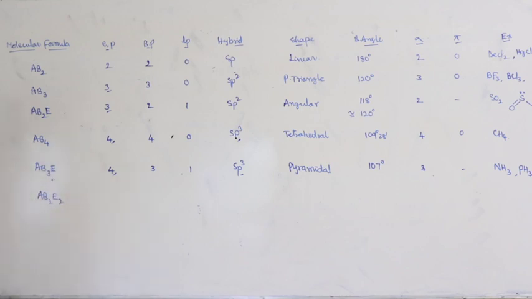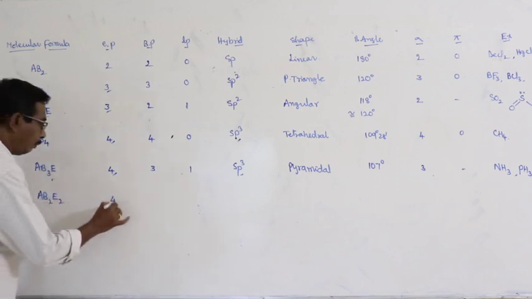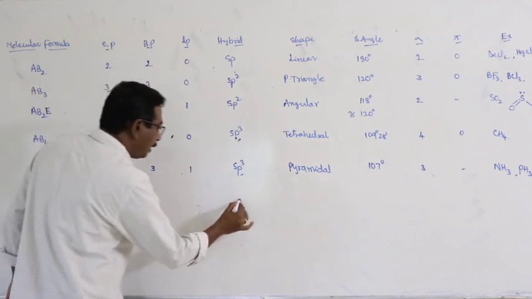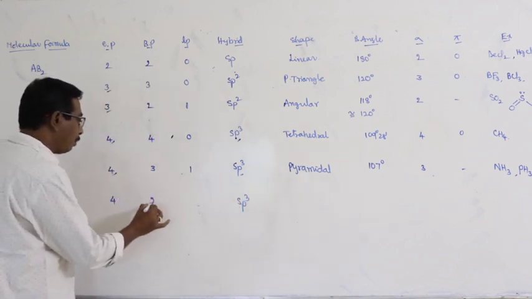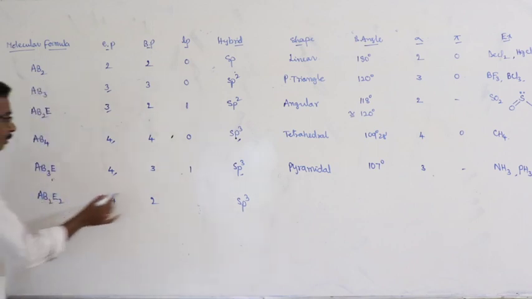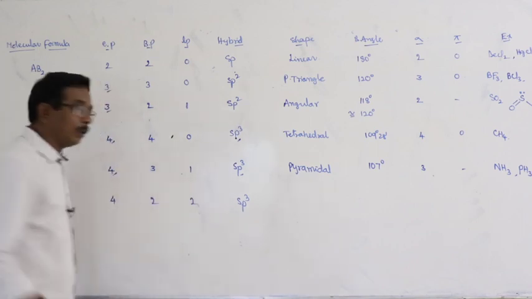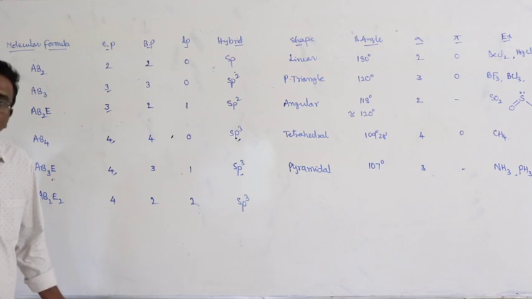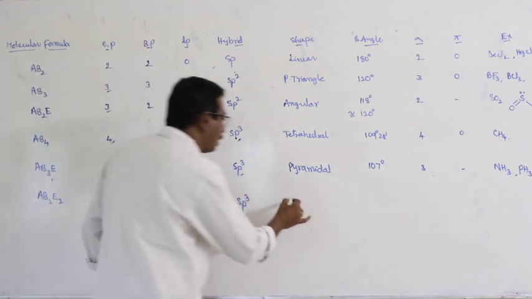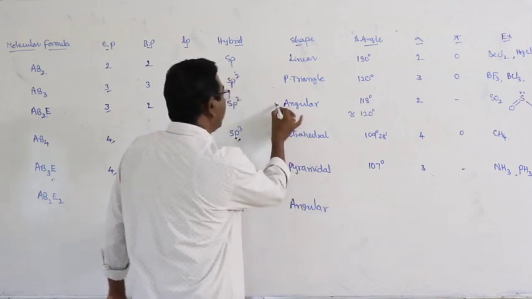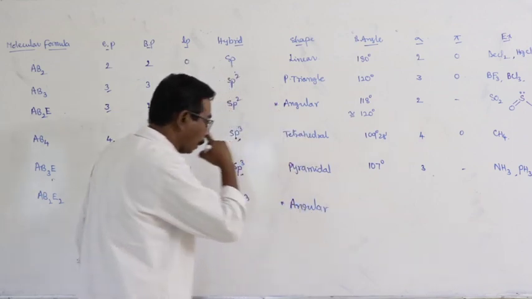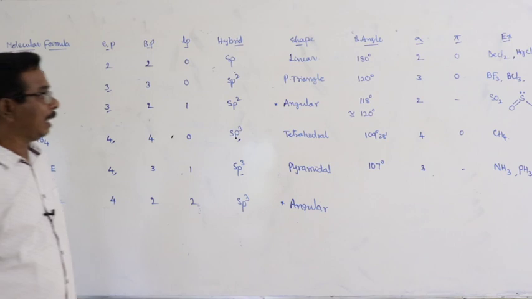AB2E2. Number of electron pairs 4, so hybridization sp3. Number of bond pairs, 2 bonded atoms. Number of lone pairs 2. 2 bond pairs, 2 lone pairs. Water molecule. What is the shape of the water molecule? Angular.